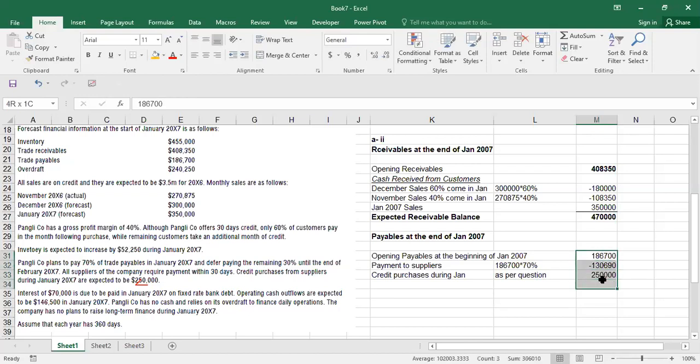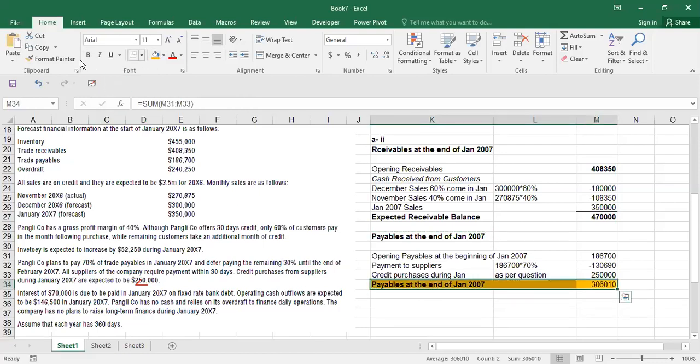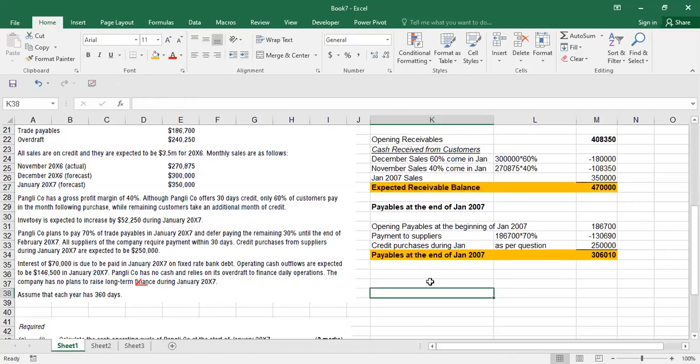So this is going to be your payable balance. So you will have your receivables, you will have your payables, and I put it here. So payable balance at the end of the period is 306,000. My receivables will be 470,000. And then we need to calculate our overdraft.